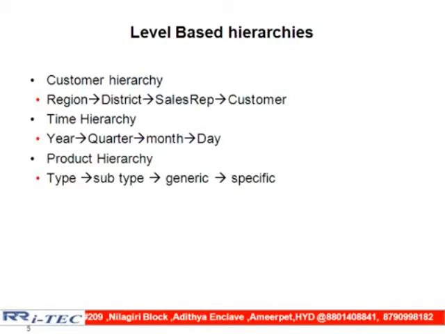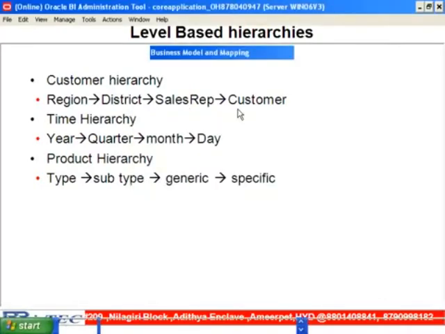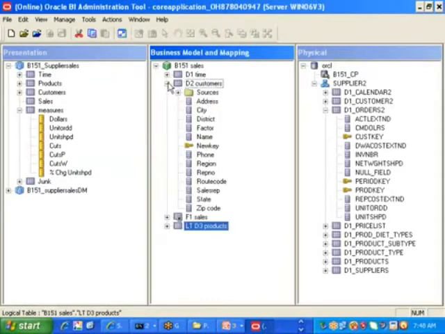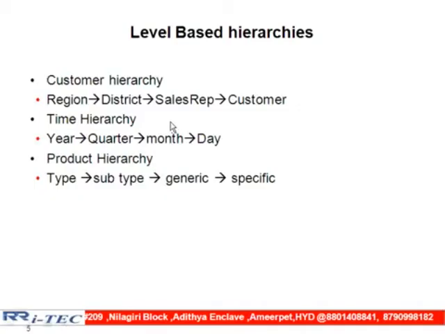Now, I am giving some level-based hierarchy requirements. One is customer hierarchy. The customer hierarchy requirement is region, then district, then sales rep, then customer. I gave this example as per my data availability, sir. Based on whatever columns are available in this customer table, I gave this hierarchy. This is my requirement.